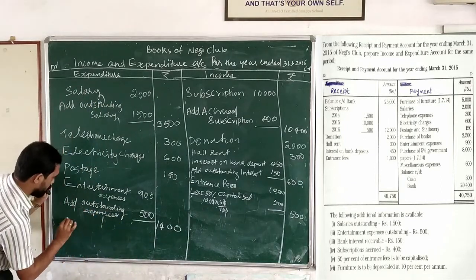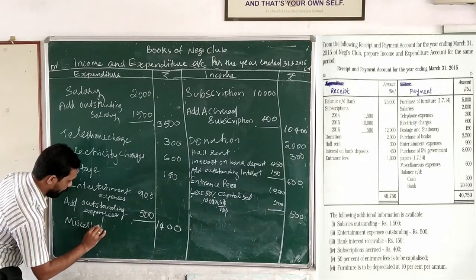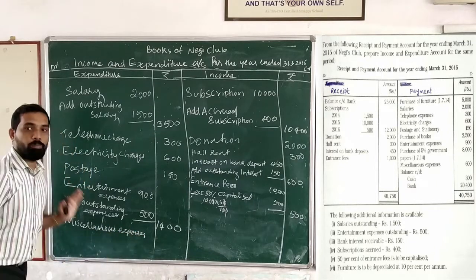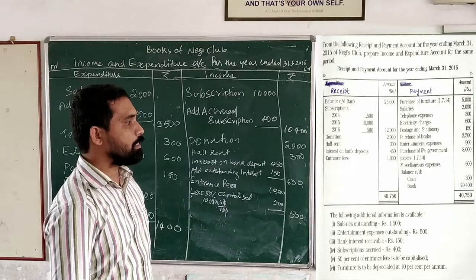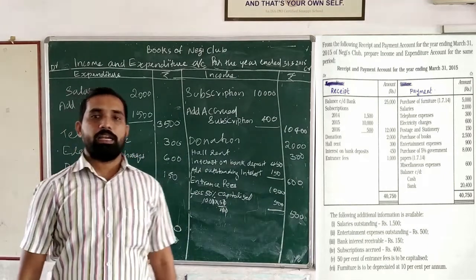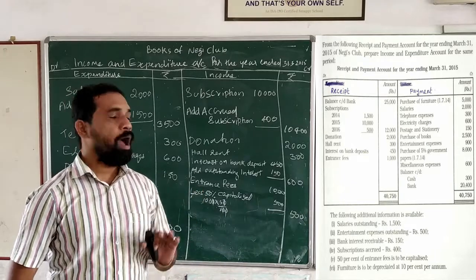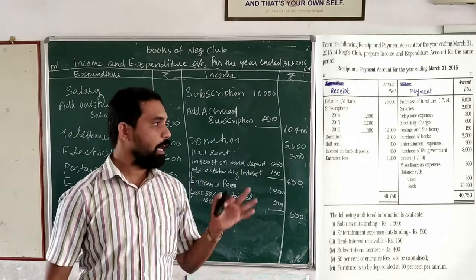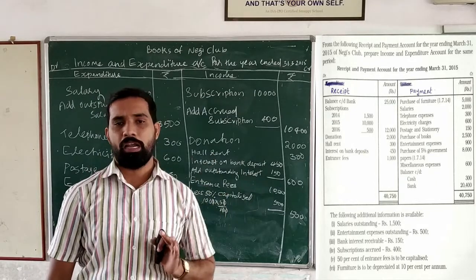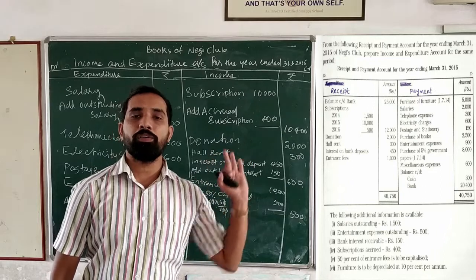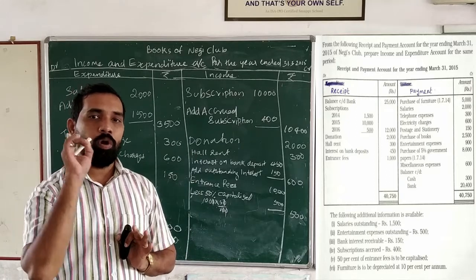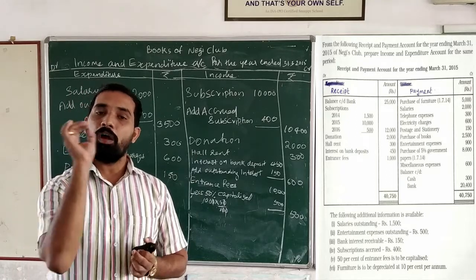Miscellaneous expenses, how much rupees? 600. And then next item, balance carried out. That is cash 300, bank 20,400. The two items are no need to consider because in income and expenditure account, there is no closing balance and opening balance.